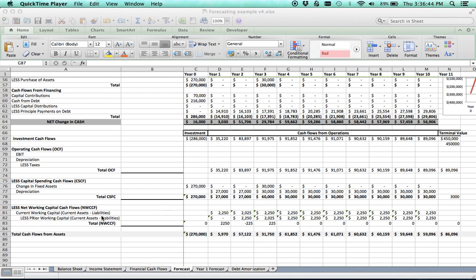And I do need changes in non-cash working capital, because basically those are cash flows that we will have to consider in terms of the value of the opportunity. And so together, those all become the total cash flows from assets.